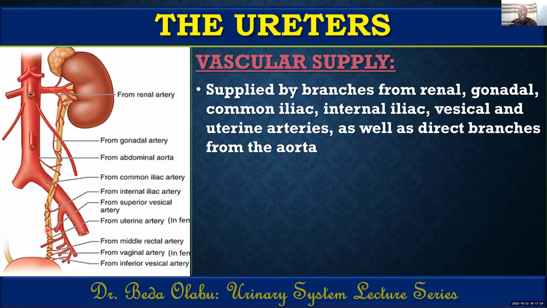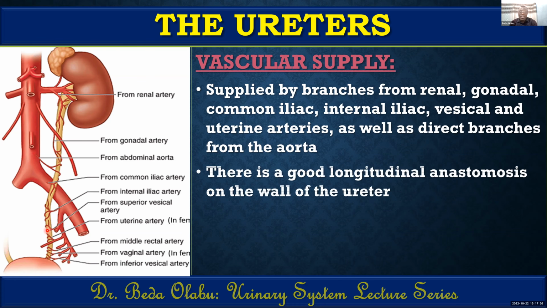This is a very rich source of blood supply, and all these arteries form a very good longitudinal anastomosis on the wall of the ureter. Now, what's the clinical implication of that? It means that each segment of the ureter is well vascularized, receives good nutrients.